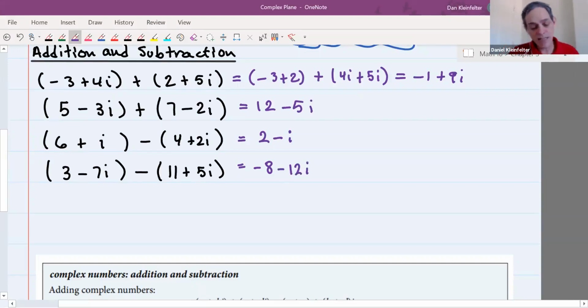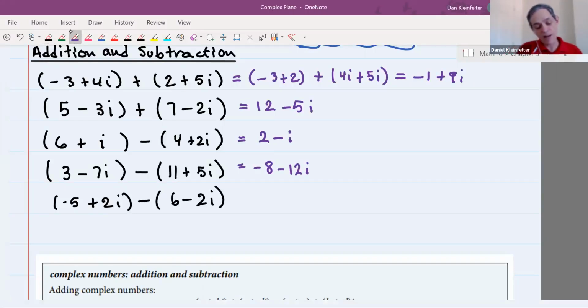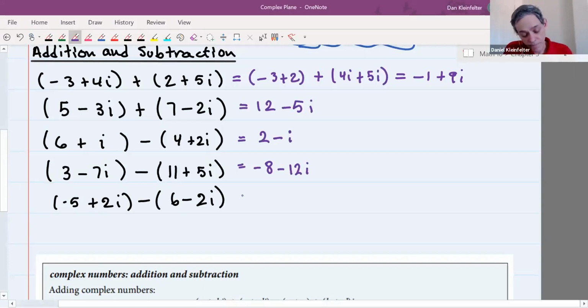Okay, so that's basically how that goes. You do have to be kind of careful if you're subtracting and there's like a double negative or something, like let's do this one. Okay, so here we have negative 5 plus 2i minus 6 minus 2i.